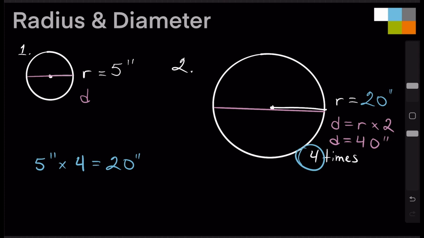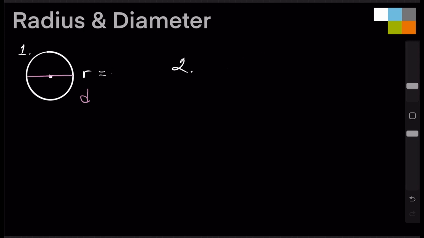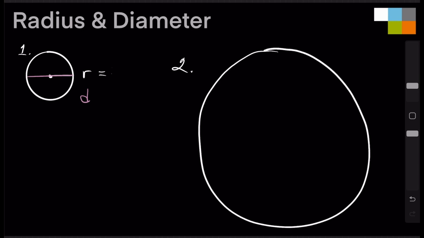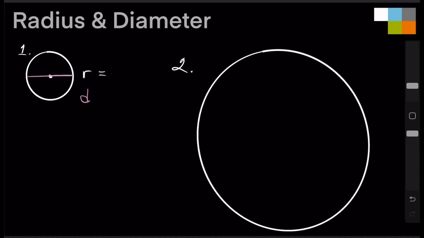Now let's say we had a problem that was maybe not so simple, with numbers that were a little more challenging. Let's say that our second circle was a lot bigger. And again, we don't know what the radius of this is. But maybe what we do know is that this circle is 7.5 times bigger than circle number 1.